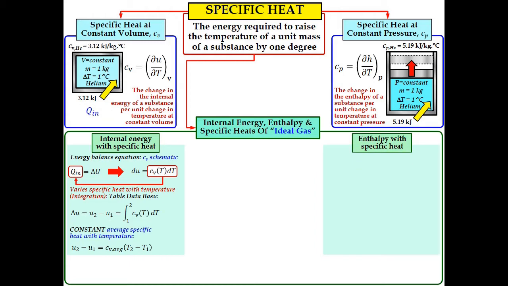Now, in terms of the relationship between enthalpy and specific heat, we need to base it on the schematic diagram for the specific heat at constant pressure above. We need to implement the energy balance equation to obtain the relationship. Because the schematic diagram involves a moving boundary, we have the term for boundary work.